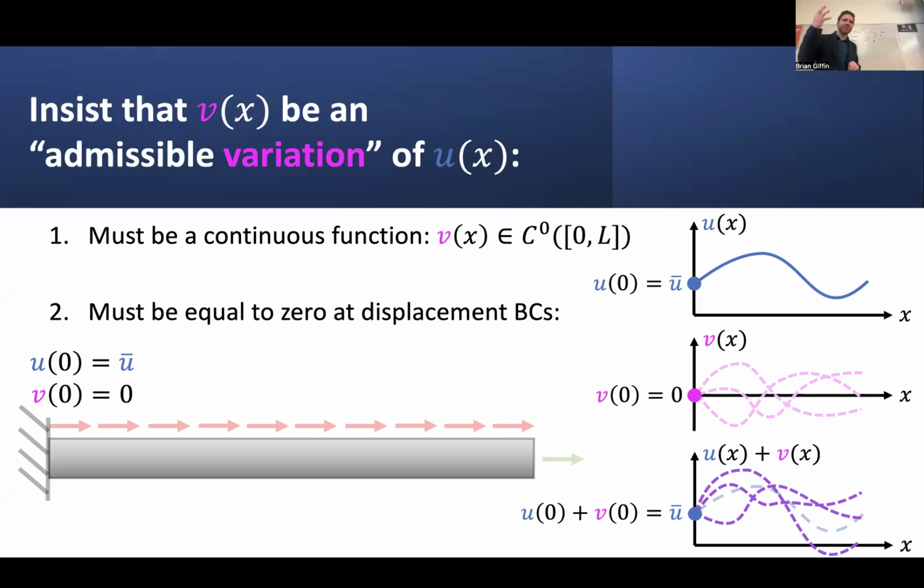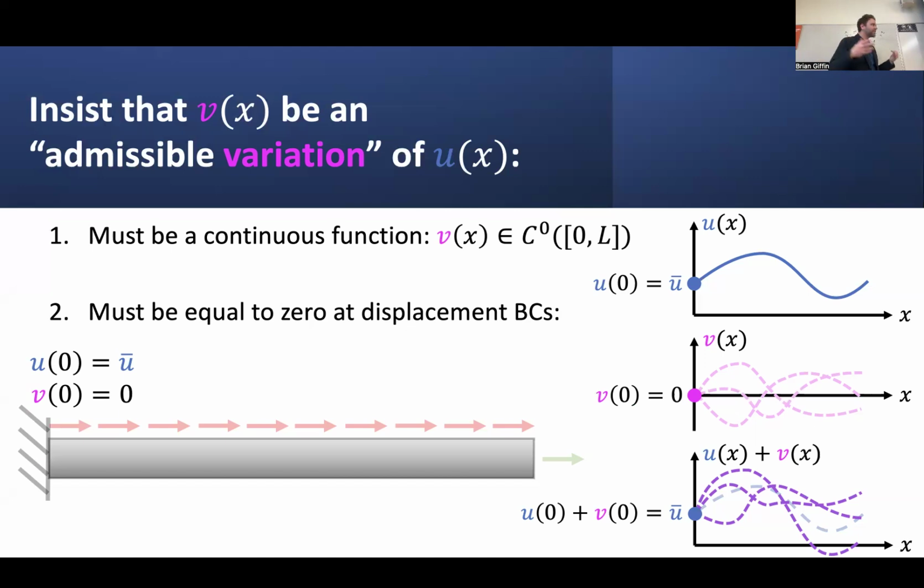The way to interpret these requirements is to suppose that if we have a displacement field, even if it is virtual, it should still at least be representative of some possible virtual displacement that the structure might undergo while still satisfying the requirements of compatibility and whatever other displacement boundary conditions we put on the structure.